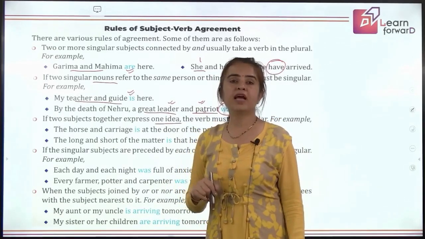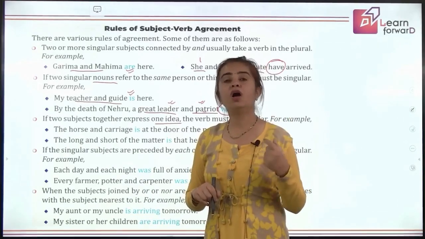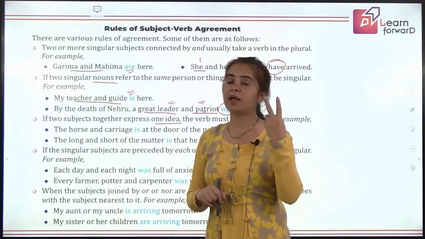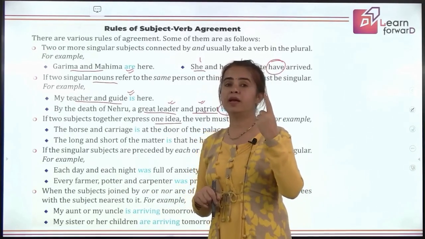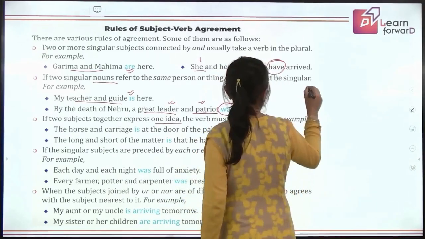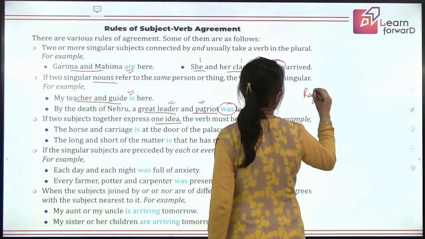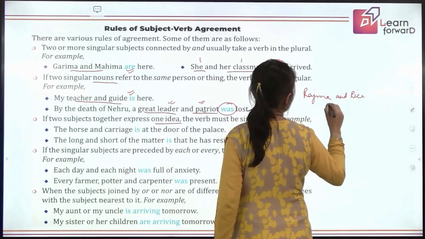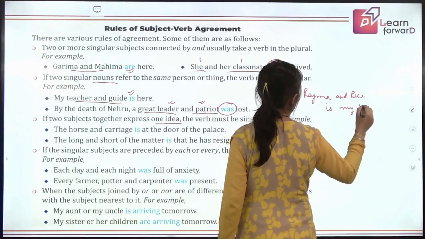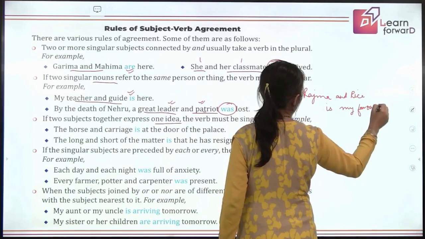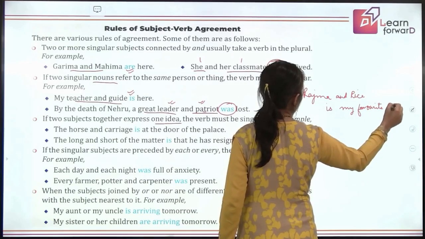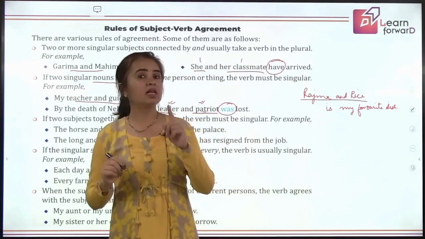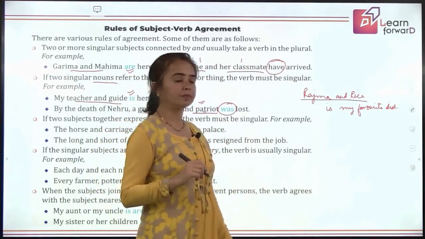How? Suppose I say rice and curry, or rajma and rice is my favorite dish, because I am talking about both together as one dish. So I say rajma and rice is my favorite dish. Because this whole together is giving you a single idea of one dish, right?